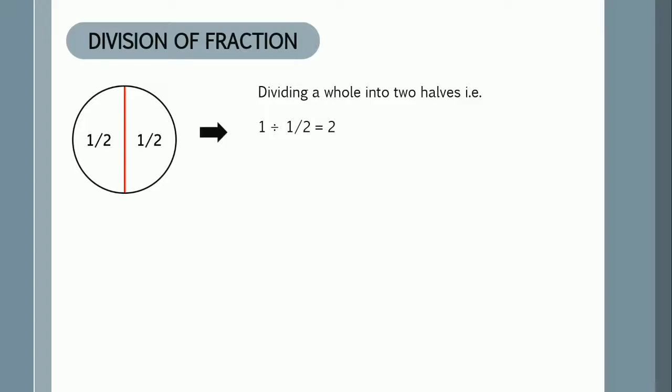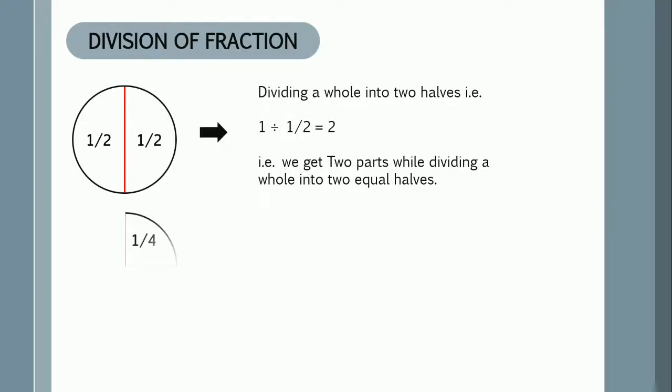So, 1 divided by 1 by 2. What will happen? It gave us two parts. When I divide a whole into two equal parts, then it gave us two halves. See, we get two parts while dividing a whole into two equal halves.